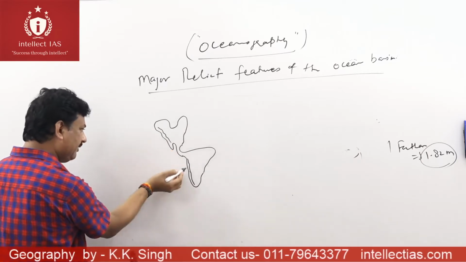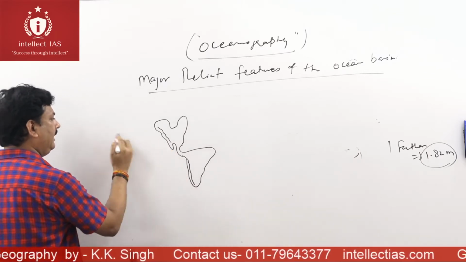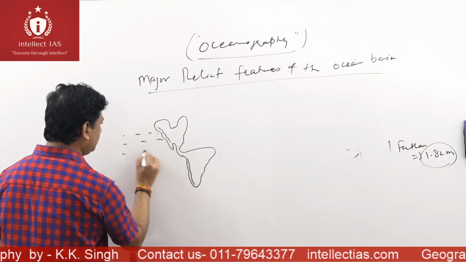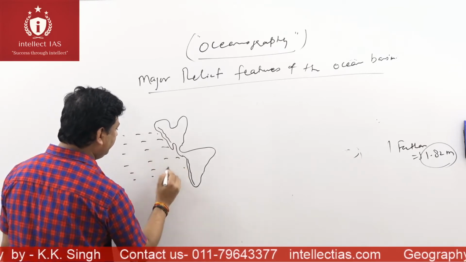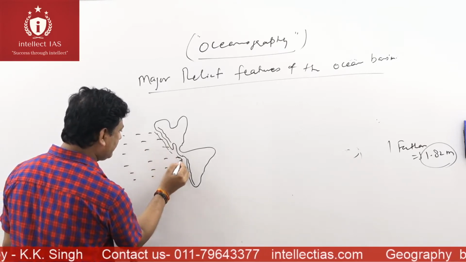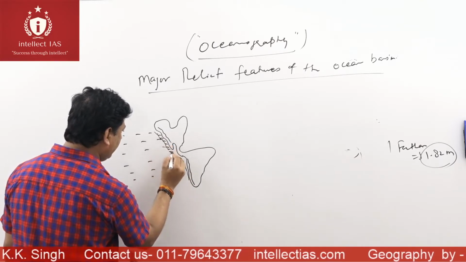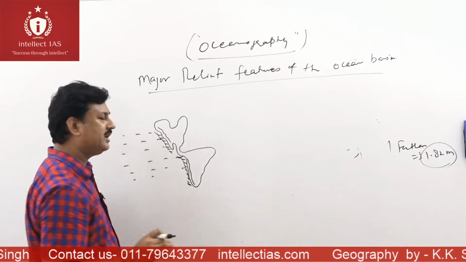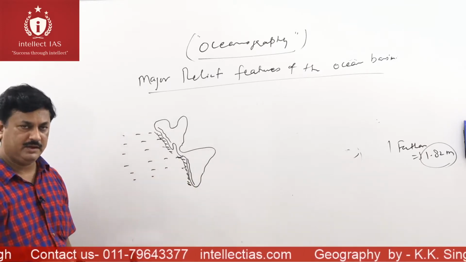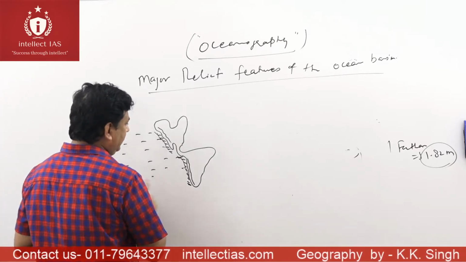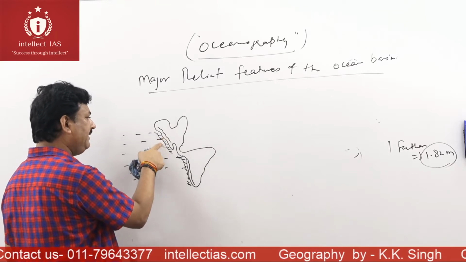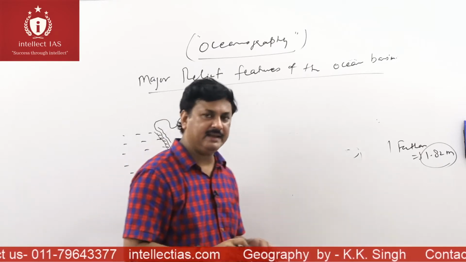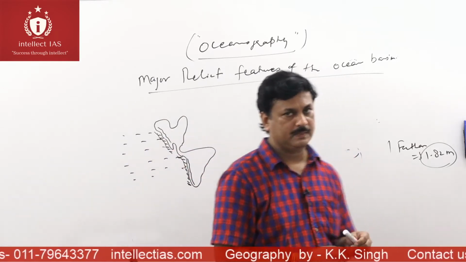Because of the presence of Rocky Mountains and Andes Mountain in North America and South America respectively, along the Pacific Ocean, the width of continental shelf is very less. So the width of the continental shelf is basically determined by the nature of coastal areas. If the coastal area has mountains or plateau, the width will be less, and if the coastal area has plains, in that case the width will be more.